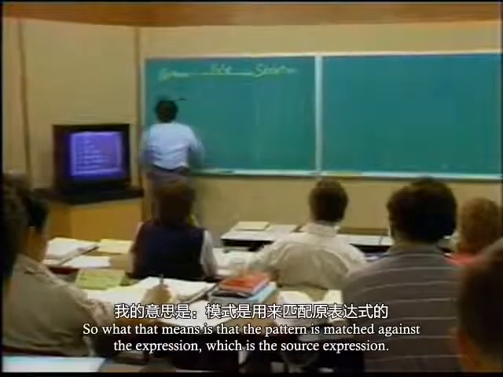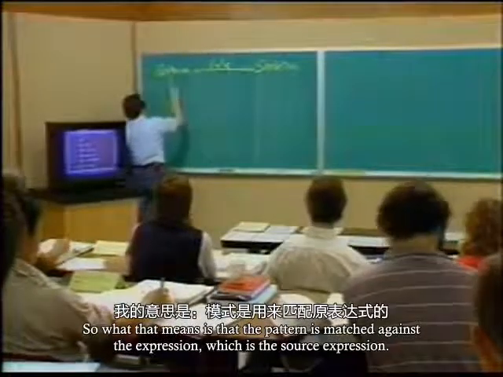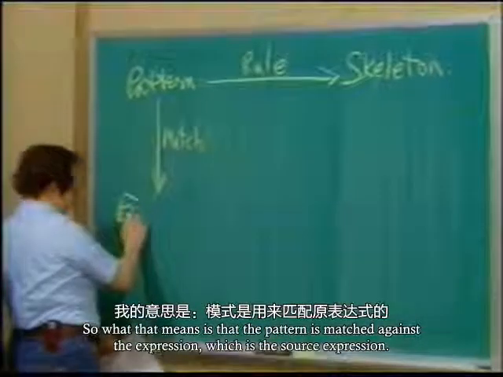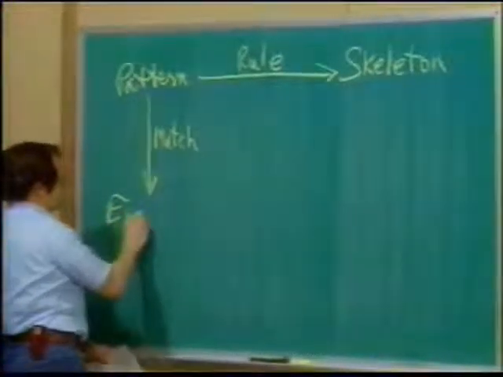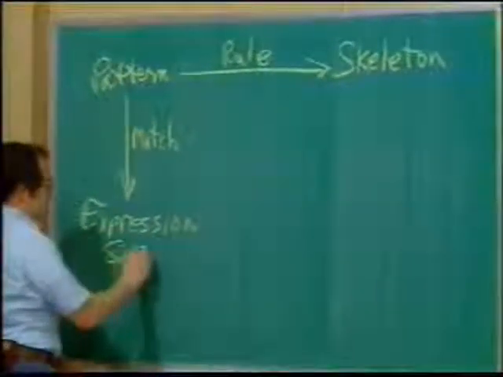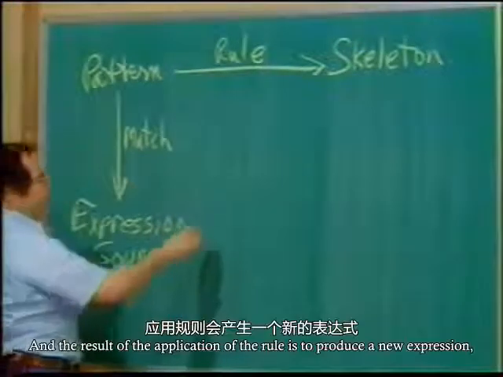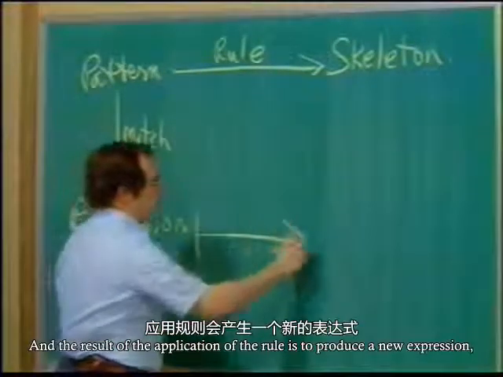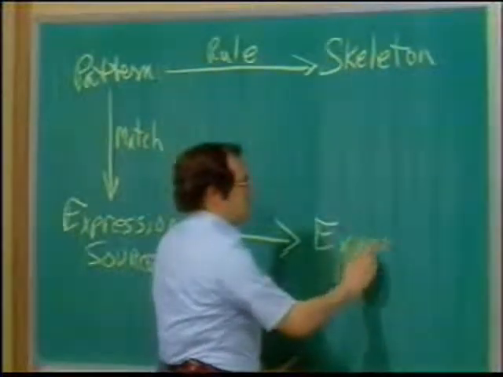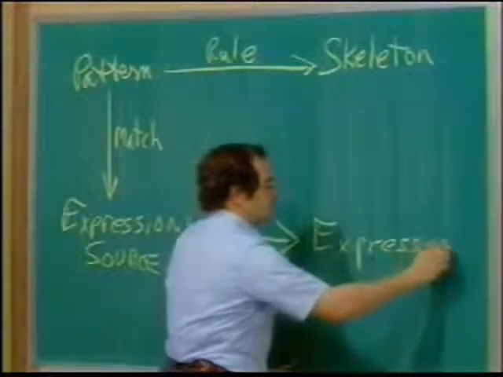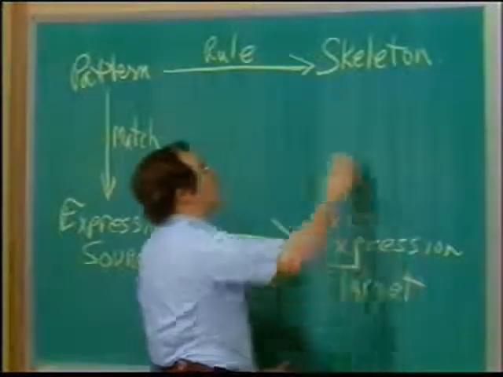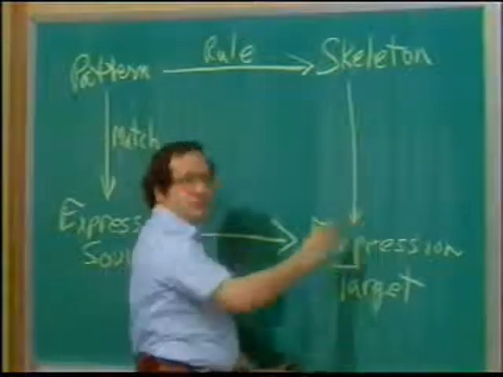So the pattern is matched against the source expression, and the result of the application of the rule is to produce a new expression, which I'll call a target, by instantiation of a skeleton.